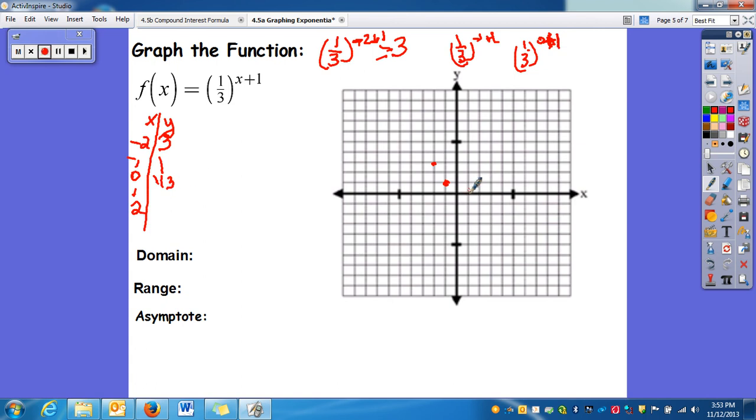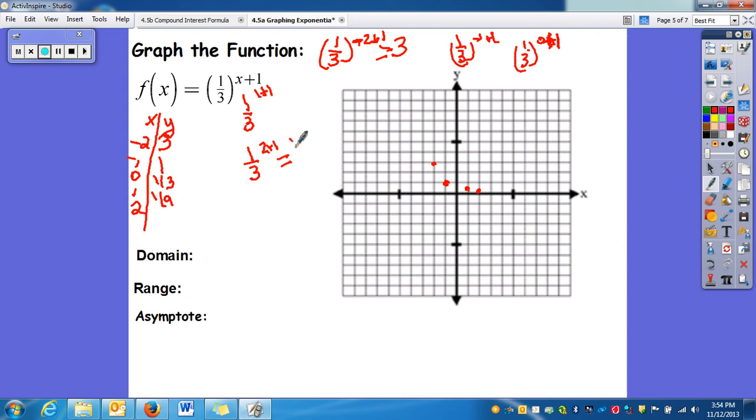Alright, so we have that right here. So very close. And then 1/3 to the 1 plus 1. That's 1/3 squared, which is 1/9. Or you can get the decimal. Again, it's very small. Alright, let's do one more. 1/3 to the 2 plus 1.